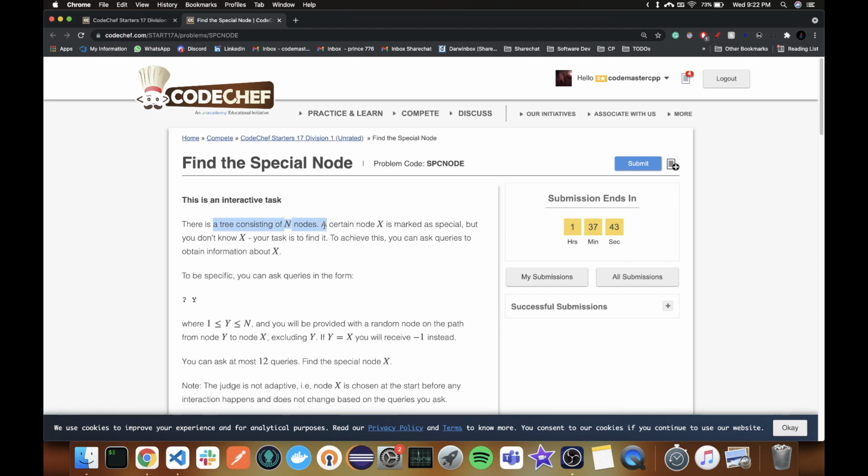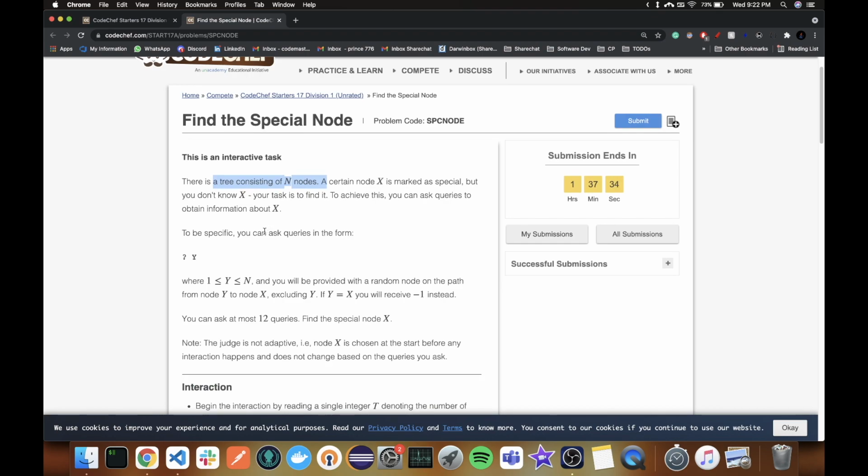There is a tree consisting of n nodes. A certain node x is marked as special, but you don't know x and we have to find it, and we can ask queries to find it. When we ask query y, you'll be provided with a random node on the path from y to x, including y. If y equals x, we won't get x.